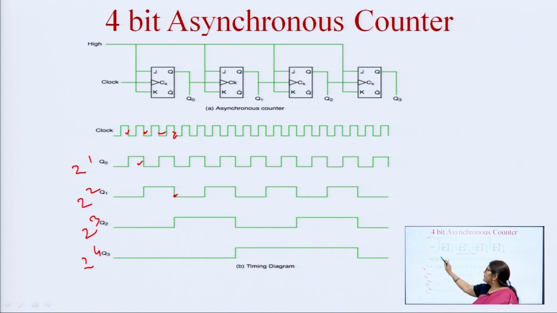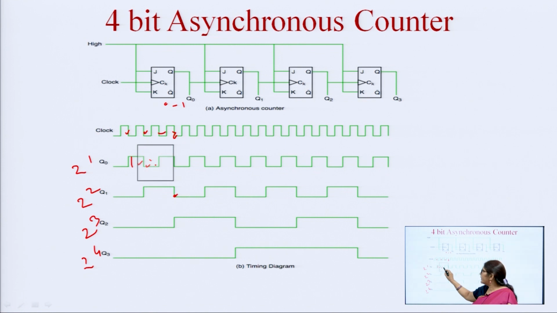So, when the first clock pulse appears, it will change from 0 to 1, and because this is a positive change, it will not affect the second flip flop. The first is changing when it goes from 0 to 1. Then when the next clock appears, it will go from 1 to 0.